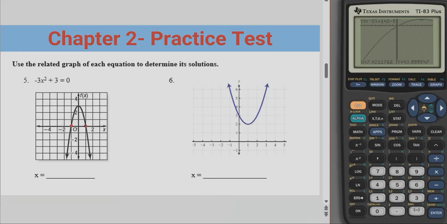Right, so I see these 2 points right here at x equals -1 and x equals +1. So I'm going to say x equals -1 and 1. For number 6, it never crosses this axis line, right? It drops down, but it never touches. So I'm going to just say that one has no solution.